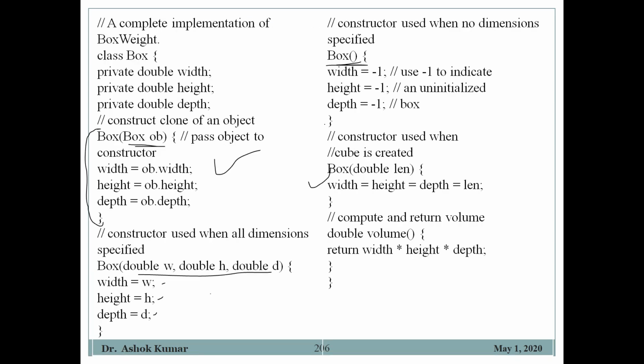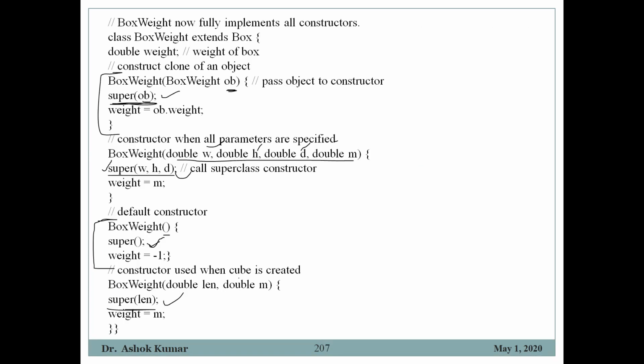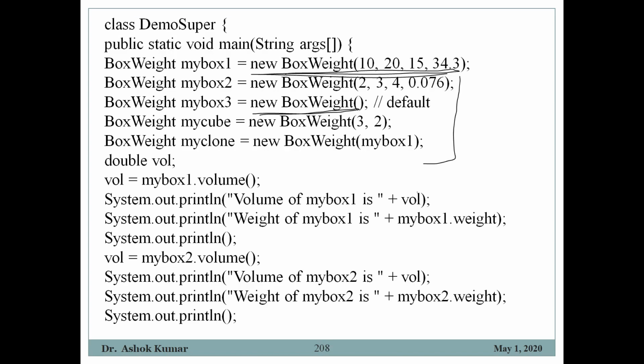So all the members of the superclass, that is width, height, and depth, will be initialized to -1, and then the weight will be initialized to -1. So this call will initialize all four members to -1, as I have shown over here.